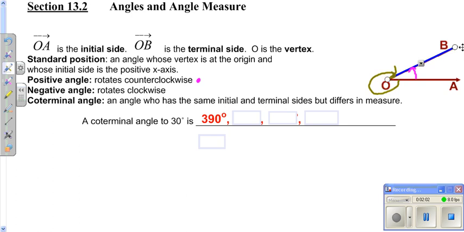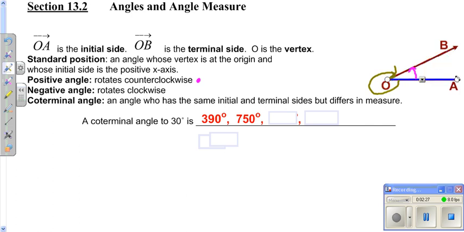Instead of going around once, you could go around a second time and get to that same location. Then you'd be going up your 30, going around a 360, going around another 360, and that's where a 750 comes into play. It is possible to get to that location.